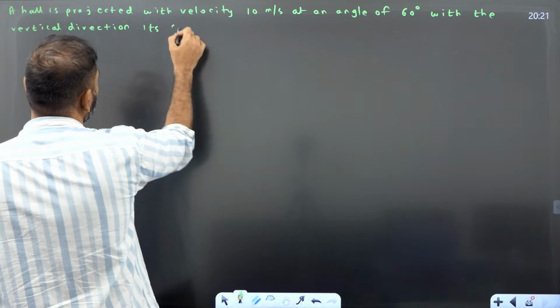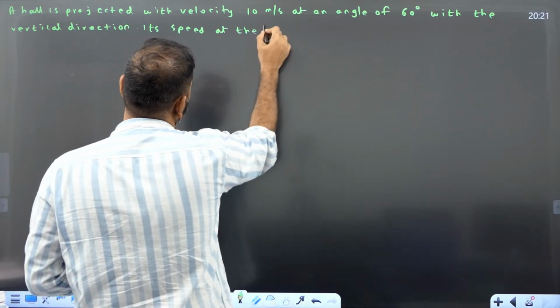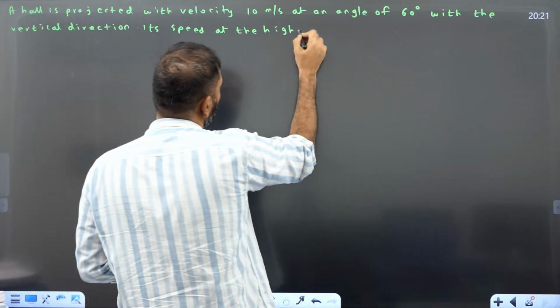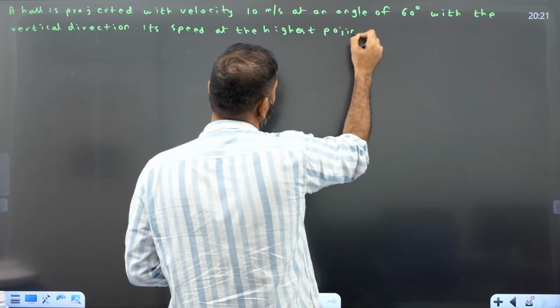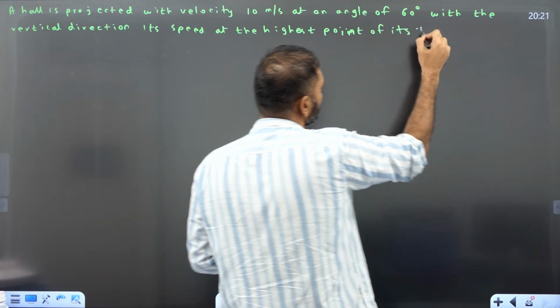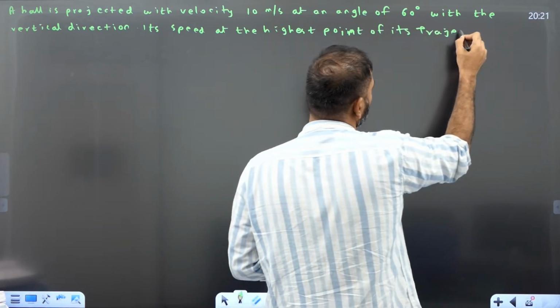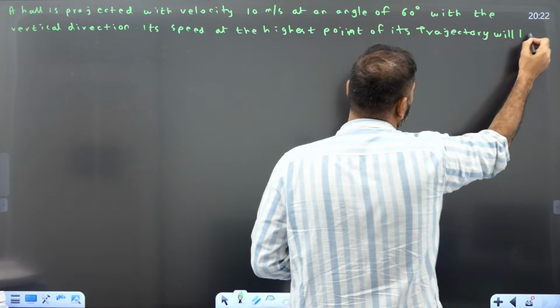Its speed at the highest point of its trajectory will be dash.